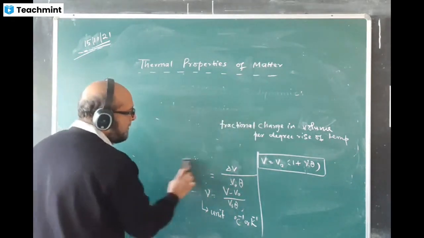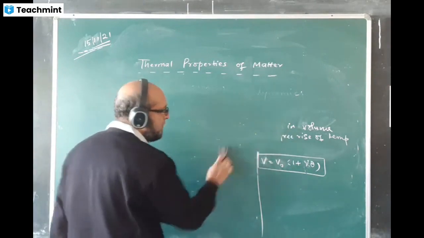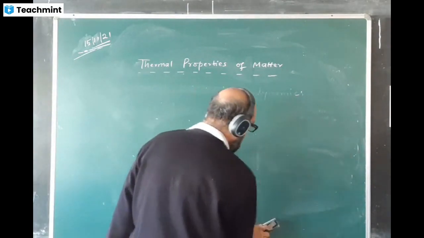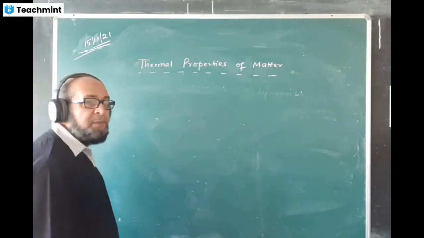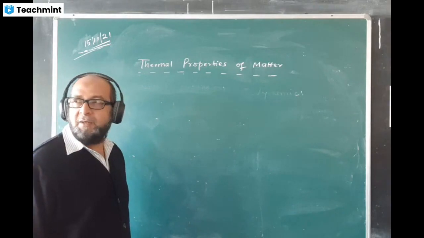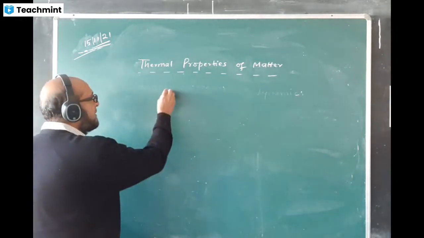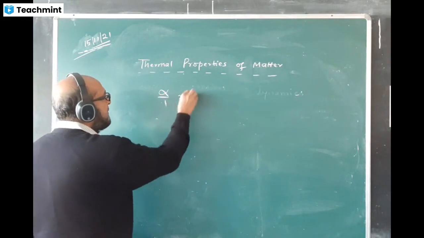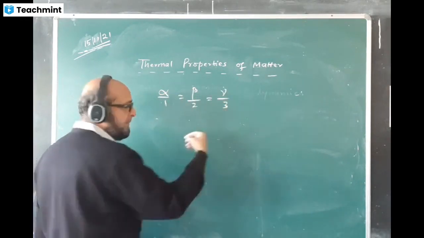Alright. Now, how are the 3 expansions related to one another? There is a formula for that. Okay, there is a derivation also, but derivation is not in syllabus. We will write like this: alpha by 1 is equal to beta by 2 is equal to gamma by 3.